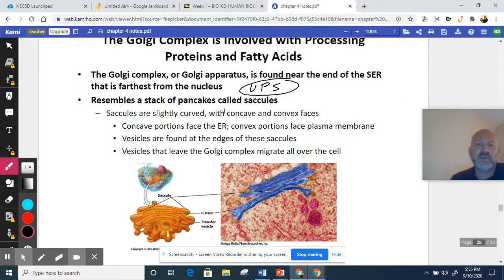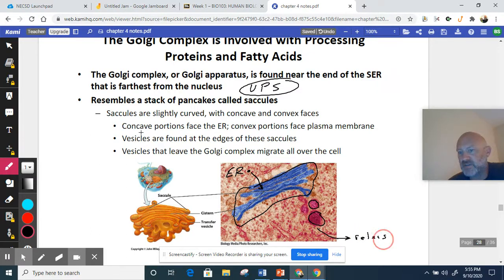This protein will be packaged in a vesicle, and here we see what the Golgi looks like. So the ER would be on this side, and the proteins that the ER is receiving from the ribosomes would go to the Golgi, and then the Golgi would package them up in these vesicles, and then these vesicles would migrate to the cell membrane where they would be released from the cell.